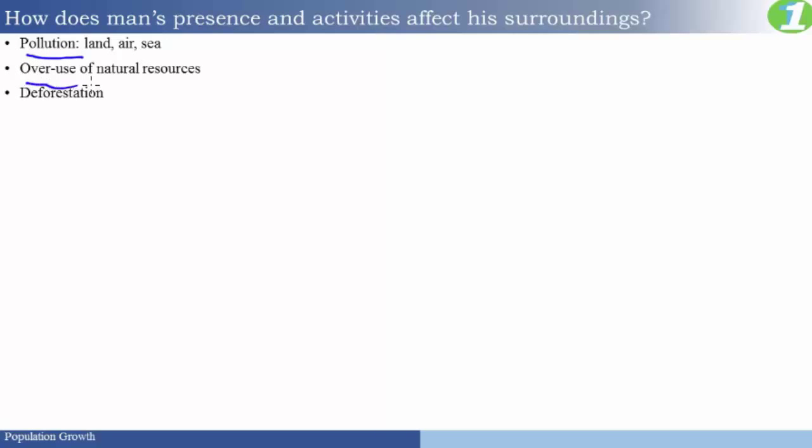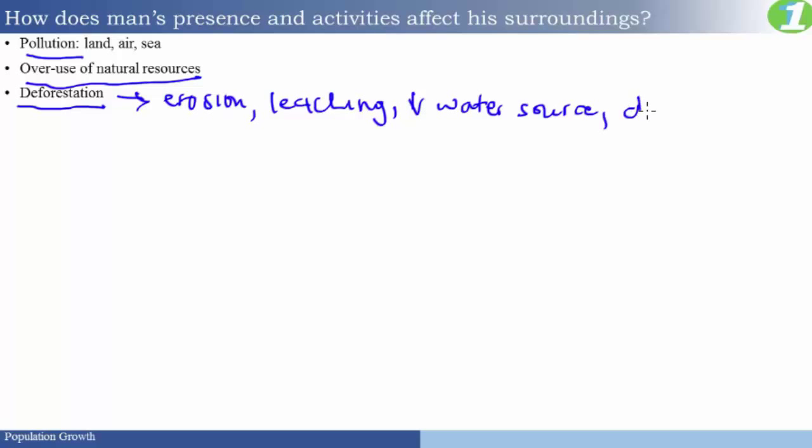They overuse natural resources, and they cut down trees, which is known as deforestation, and this leads to soil erosion, leaching, decreased water source, drought, etc. So man can negatively affect his surroundings, and you can just go and have a look at the previous lesson and you will see in further detail how man has affected his environment, why his increased presence is now negatively affecting the environment. Why should we not exceed the carrying capacity of the environment?